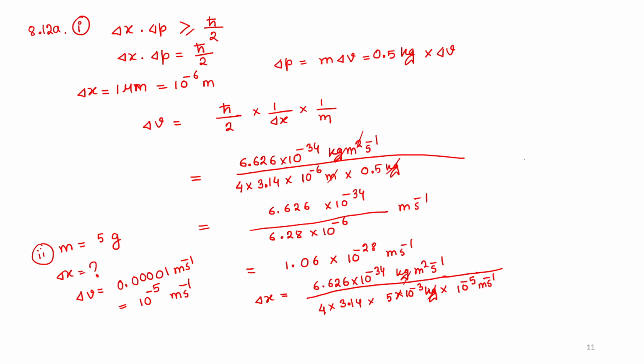So kg is gone, one of the meter is gone, second inverse is gone. So delta x in terms of meter is going to come. We have 6.626 divided by 20 into 3.14, and here we have 10 to the minus 34, and below we have 10 to the minus 8, so minus 26. So it is something around 34.